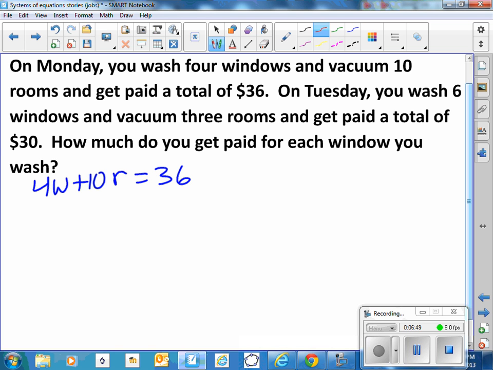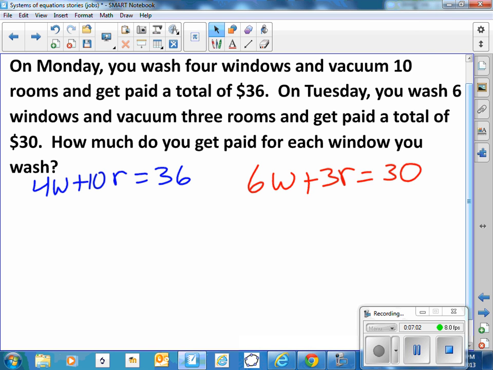Let's change the colors a little bit. 6 windows, 3 rooms, $30. Well, 4 does not divide into 10 evenly. You can still do that, but then you're not dealing with whole numbers. So let's use whole numbers.